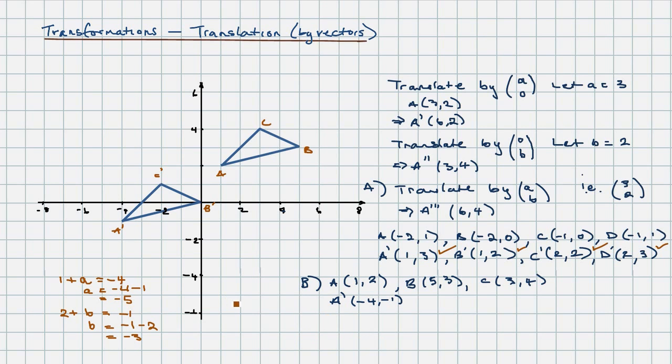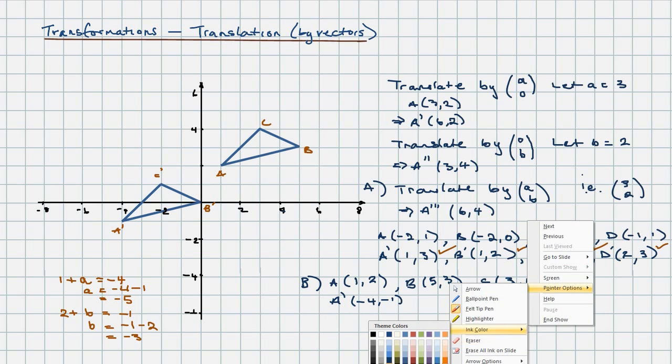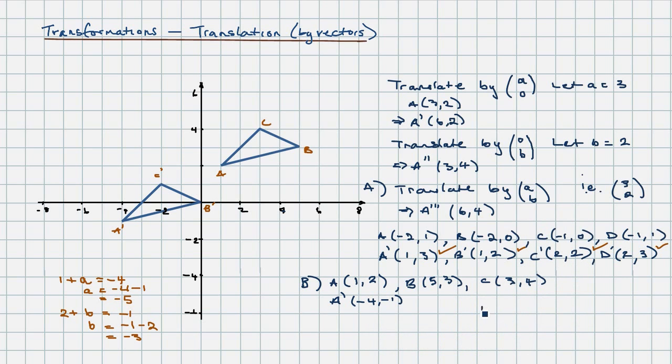Okay, so let's join a to a prime. So a to a prime we can write like that. So a to a prime is what? Well, let's draw it in.